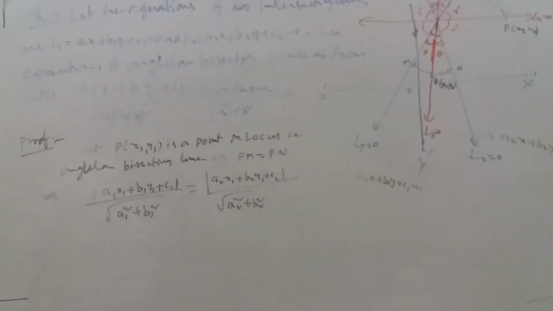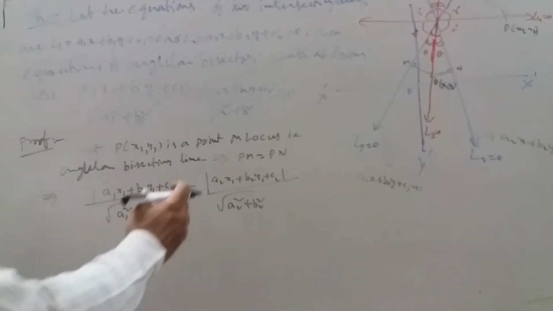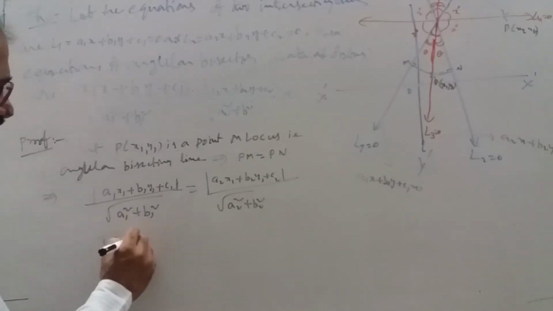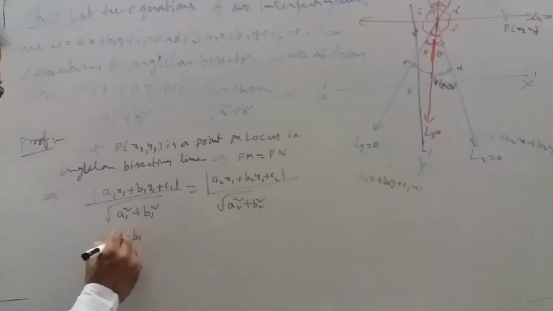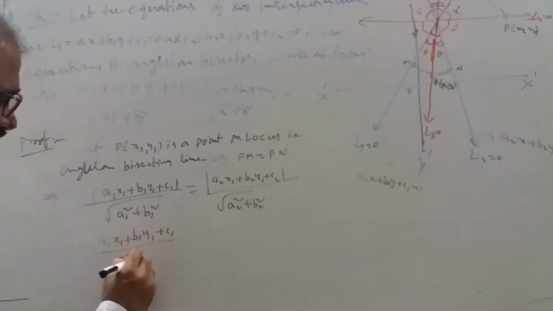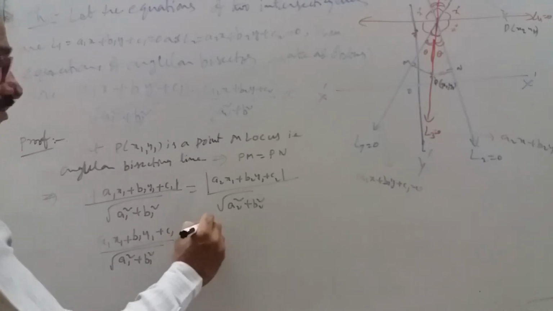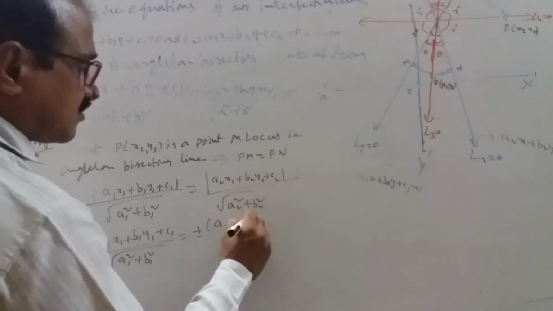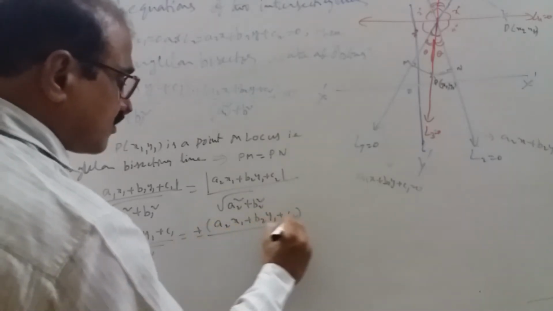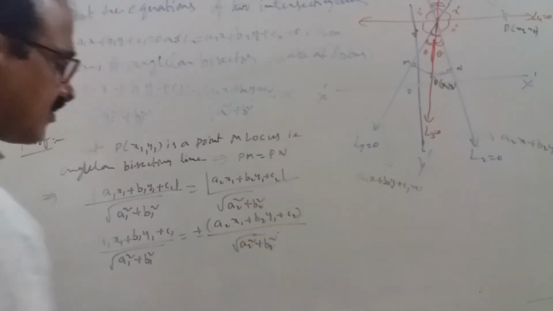If we remove the modulus, this can be written as a1x1 plus b1y1 plus c1 by root of a1 square plus b1 square is equal to plus or minus of a2x1 plus b2y1 plus c2 by root of a2 square plus b2 square.